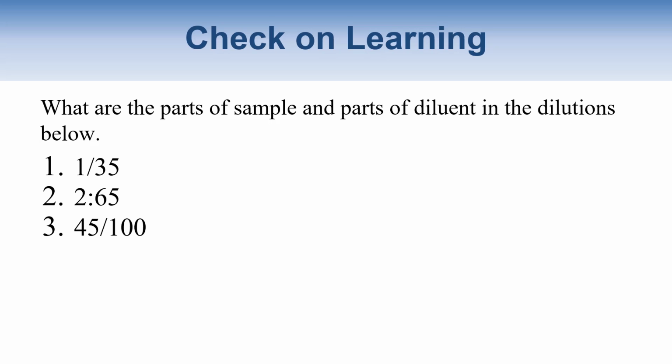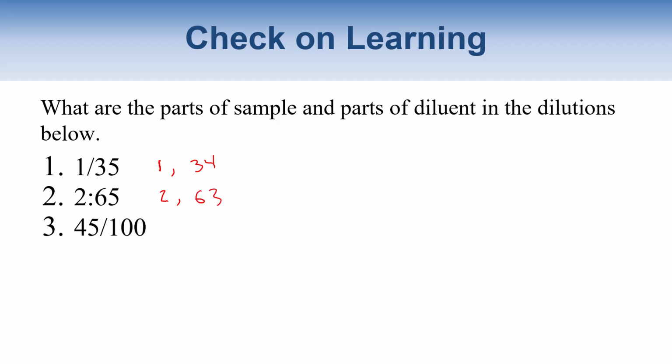All right, so no matter how it's written, whether it's with the slash or the decimals here, we're going to go through here. So this would be 1 part of the sample, 34 parts of the diluent. This would be 2 parts of the sample, and this would be 63 parts of the diluent.